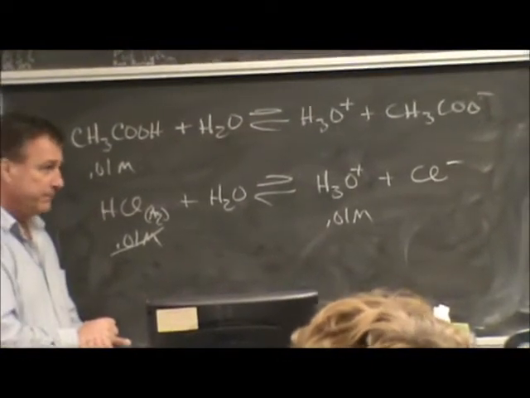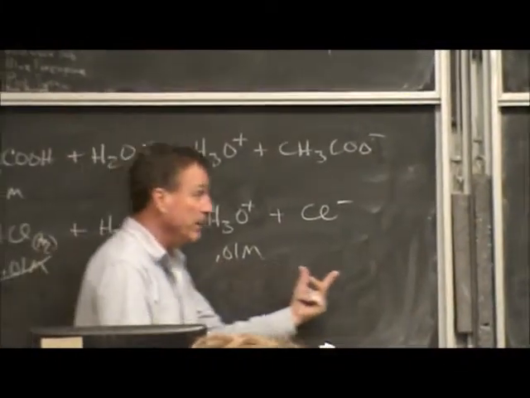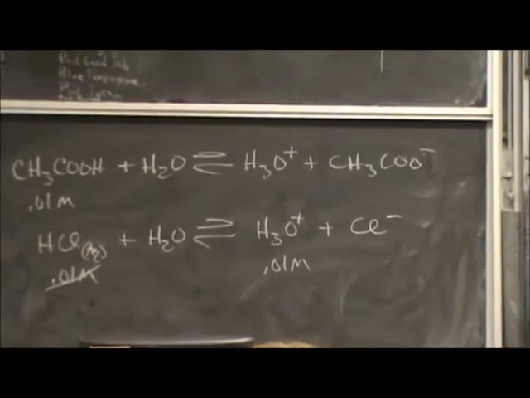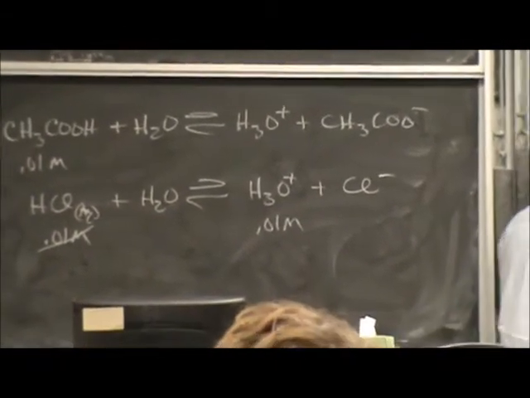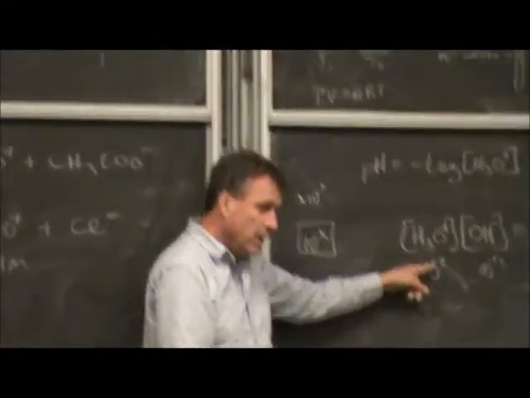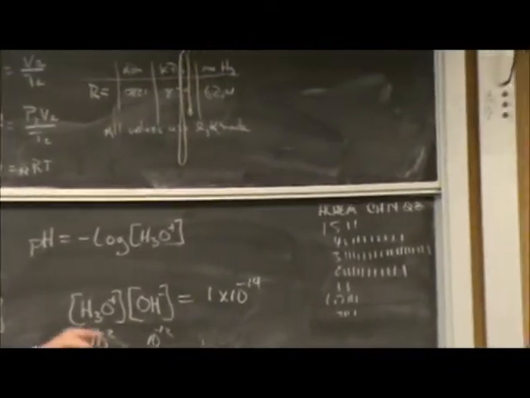And if the hydronium concentration is 0.01 molar, then at negative 2, the hydroxide would be 10 to the negative 12. The pH would be 2. Log would be negative 2, change the sign for 2.